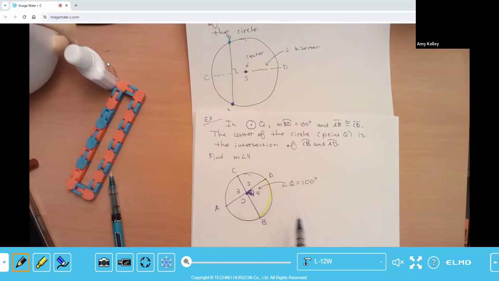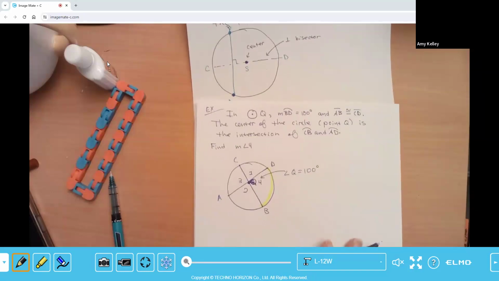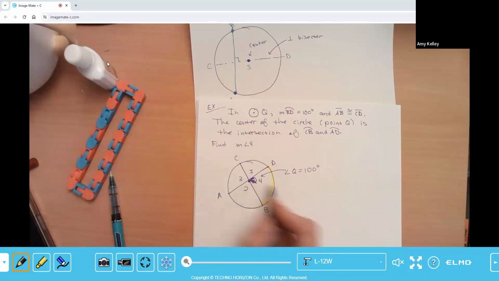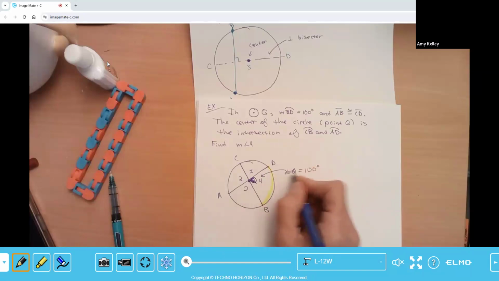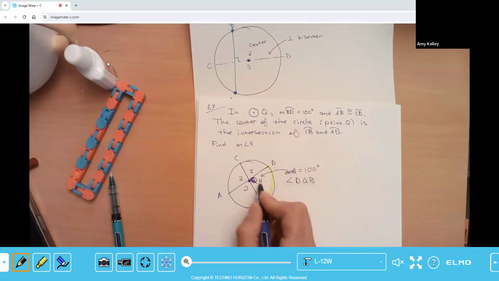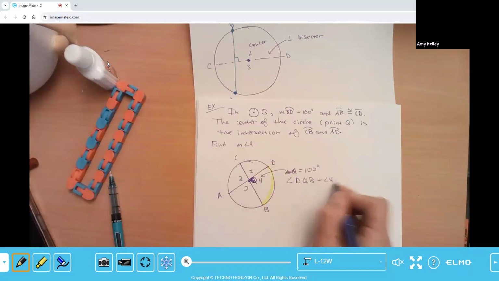we want to find, wait, that can't be right. All right, I guess it is that easy. That's too easy, you guys. I'm sorry. So here's point Q. I should call it angle DQB, which is also the same as angle 4.